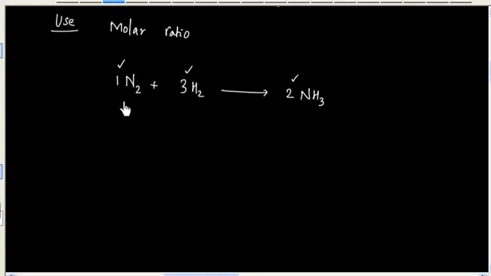This means when 1 mole of nitrogen reacts, at the same time 3 mole of hydrogen reacts. So we can say for 1 mole of nitrogen, 3 mole of hydrogen is needed.